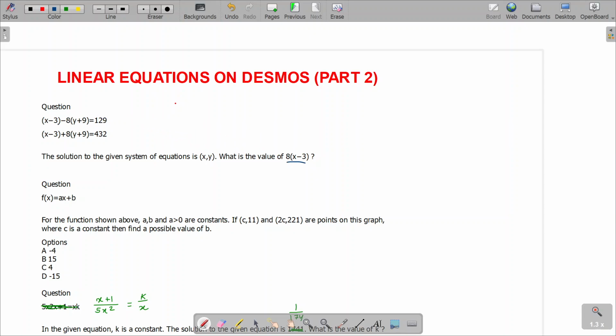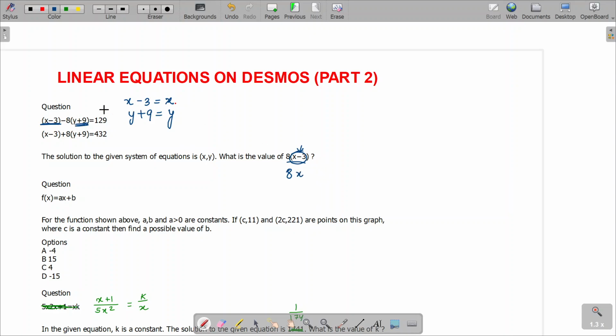But what if I say, just consider x minus 3 as x and y plus 9 as y? Why am I telling you to do that? Because overall you need x minus 3. So I'll put it as it is on Desmos and check for x, and instead of x minus 3, I'll find the value of 8x.